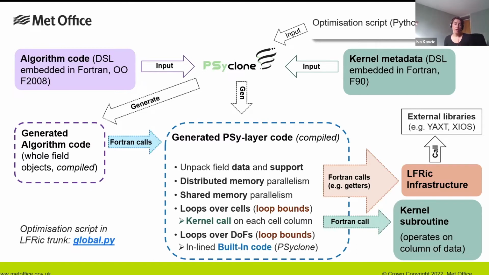We basically need the coloring algorithm to make sure that the data are updated as they should be, if they are shared DOFs, whereas for the discontinuous function spaces, shared memory parallelism, OpenMP, for instance, supplied by PSyclone is enough. And also there are generated calls for the distributed memory parallelism, which is in turn provided by LFRic infrastructure that uses the YAXT library. And all in all, the optimizations from PSyclone are applied via the Python optimization script.